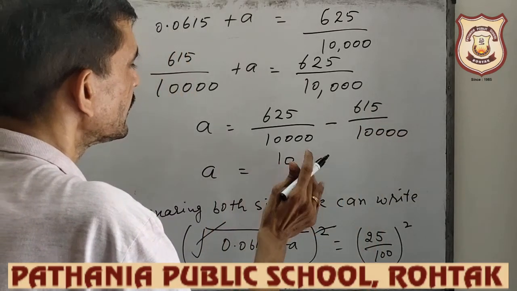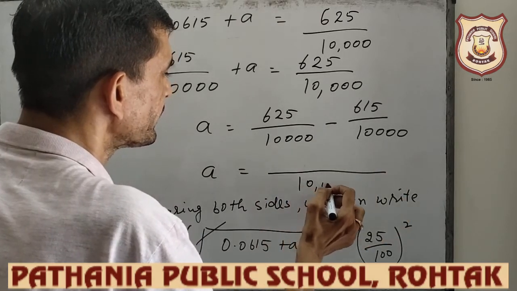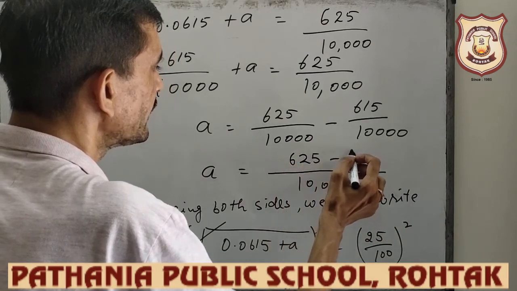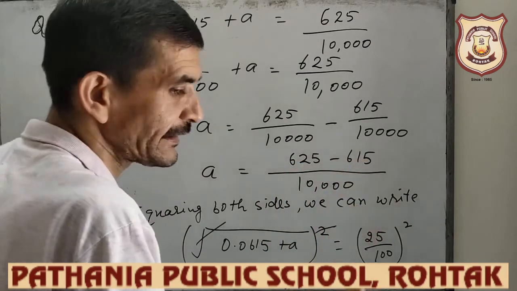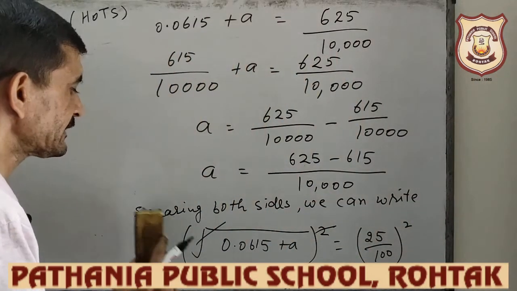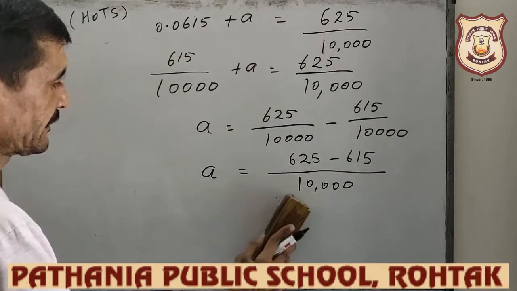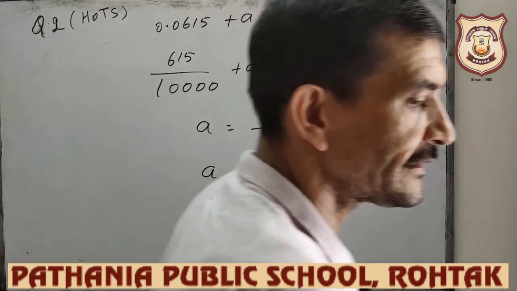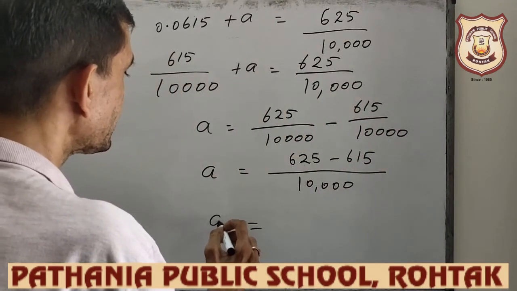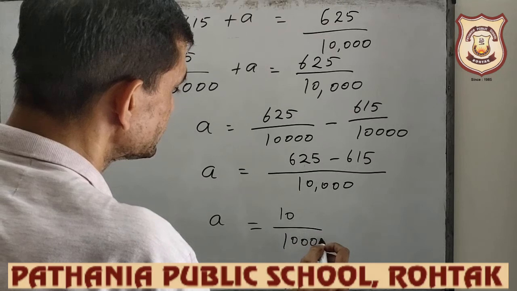And what is it? 10,000 is the LCM, and it is 625 minus 615. What is 625 minus 615? What is left? 10. 10 is left. So a is equal to 10 upon 10,000.